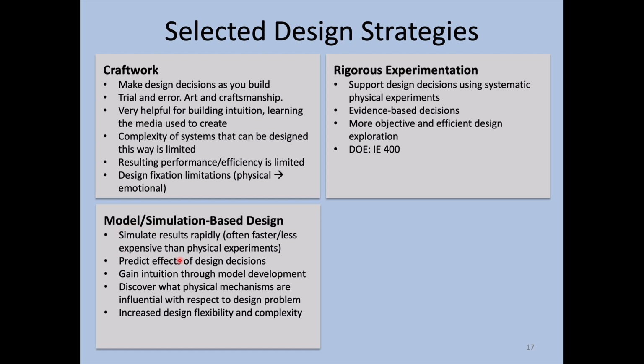And with these kinds of tools, these types of computer simulations, we can use those to predict the effect of design decisions. So if we want to compare two different designs, we don't necessarily need to go and prototype both of those physically. We can instead create a computer model of both of them and then run a virtual experiment on them to predict the effect of different design decisions.